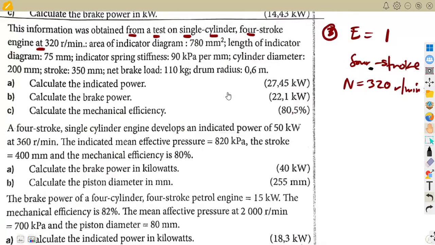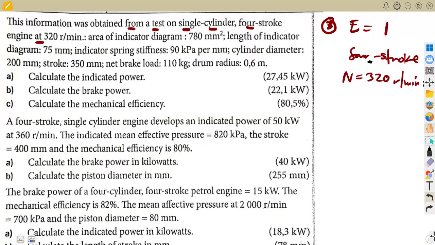Let's see on our information again what we are given there. They gave us an indicator diagram, so this is from our indicator diagram.